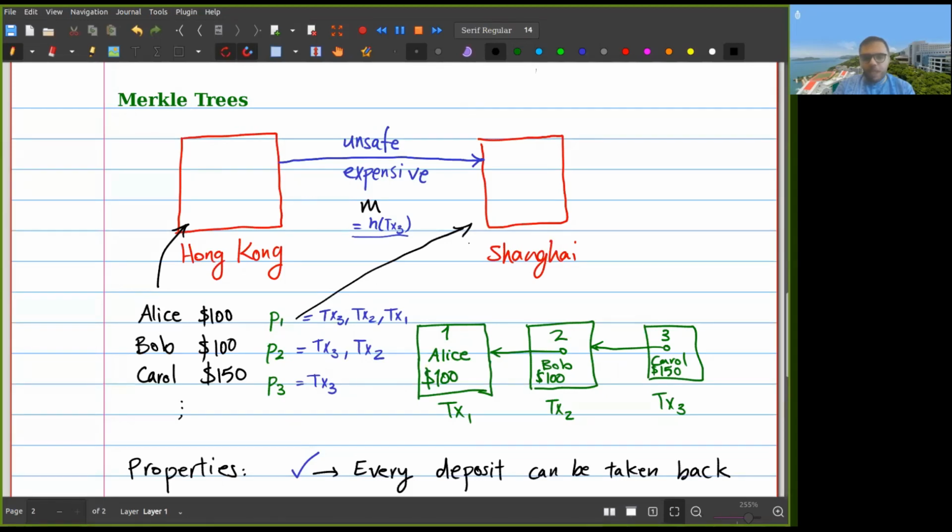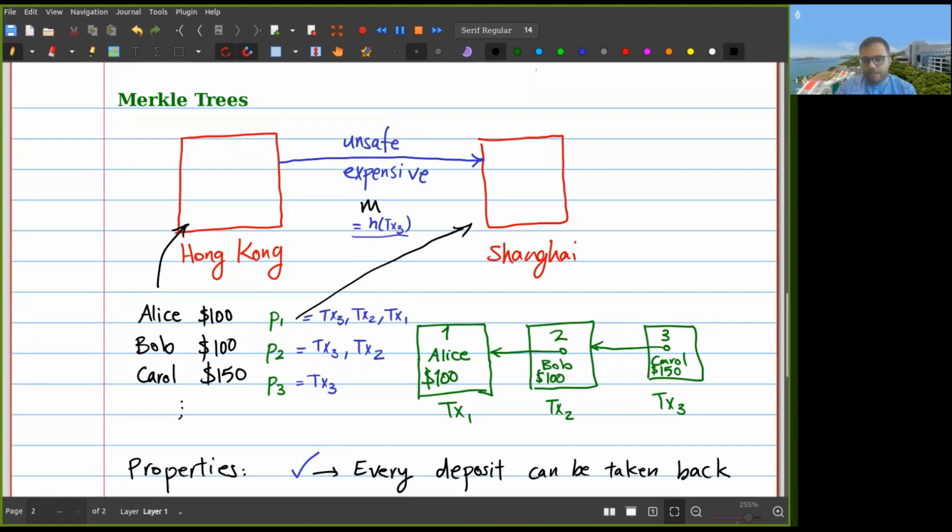So Alice should be able to go to this branch and prove that transaction 1 was somewhere in the ledger. But in order to prove that transaction 1 was in the ledger, she has to actually also prove the existence of transaction 2 and transaction 3. And the only way that she can do that is by having these transactions, right? This branch only knows the hash of the last transaction.